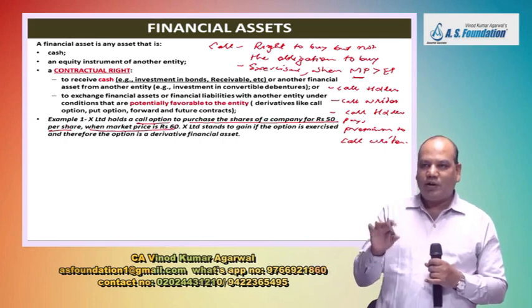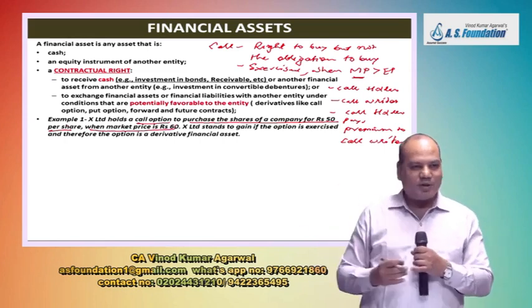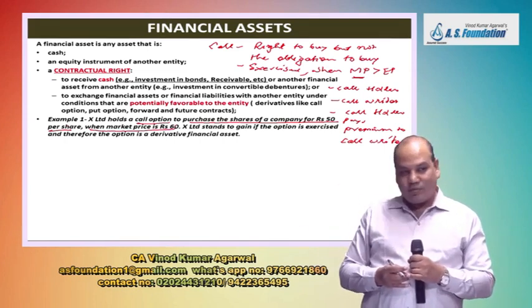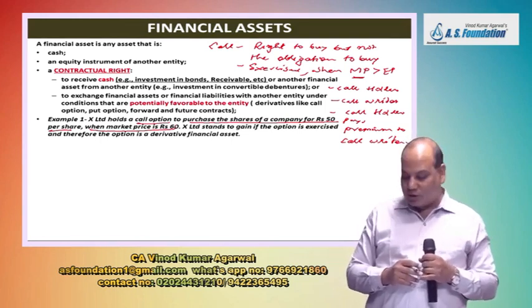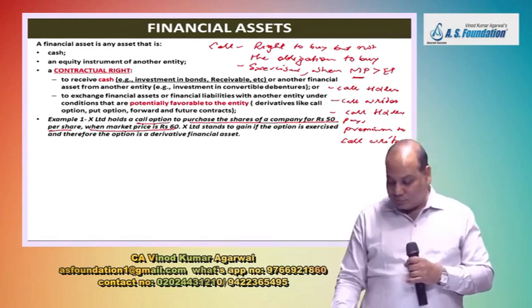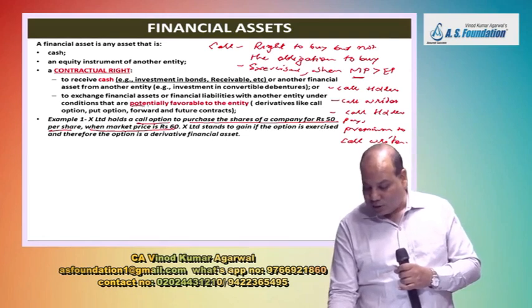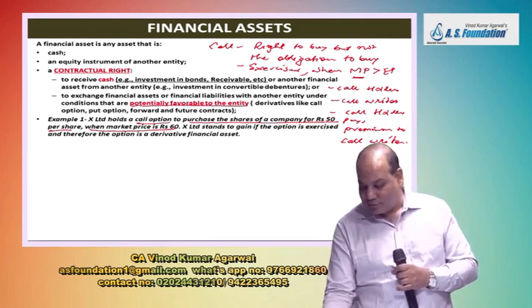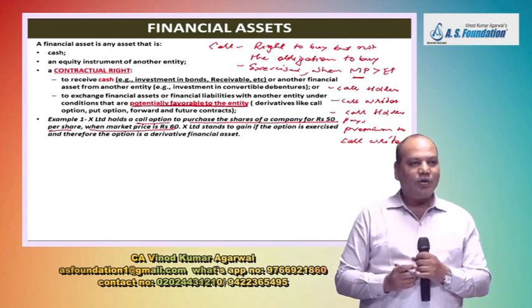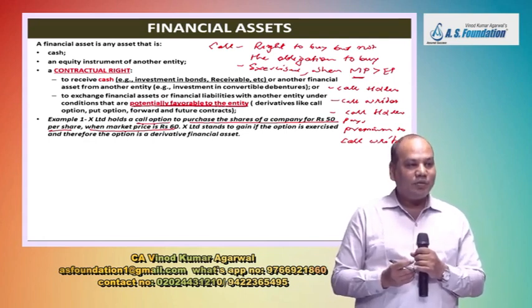You are not exercising right now, but you know that the market price is 60. Is it profitable to you to exercise? Yes. Has the contract become favorable to the holder?